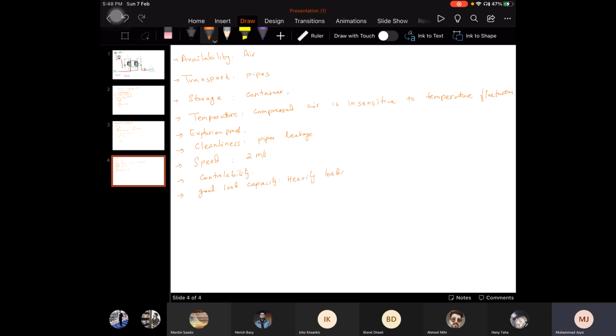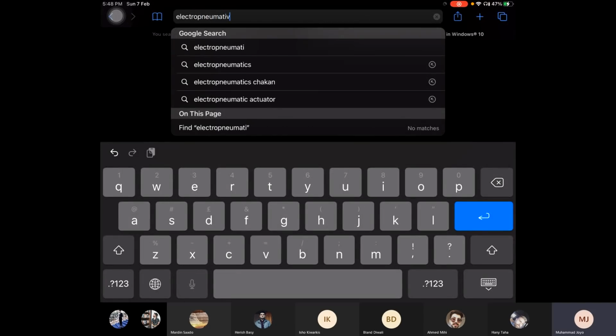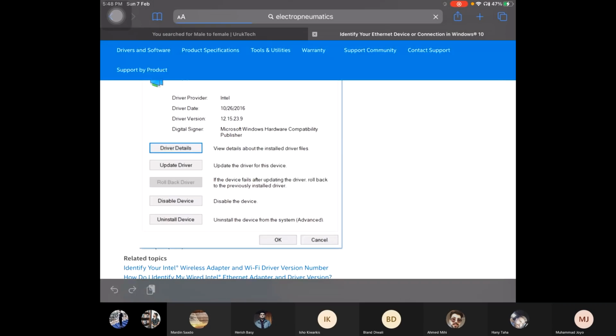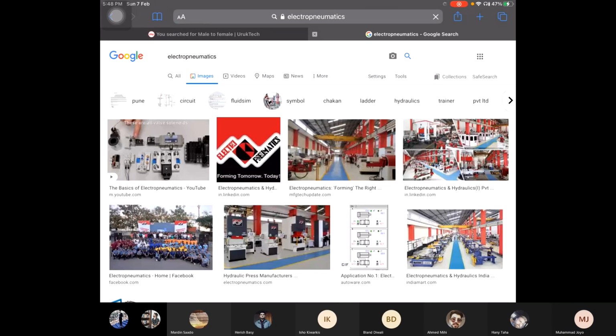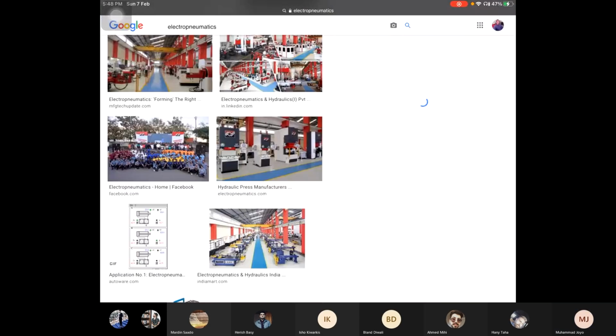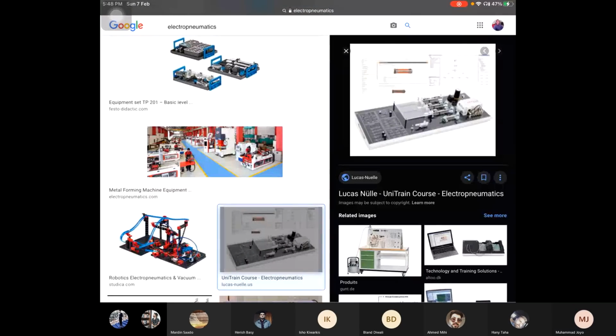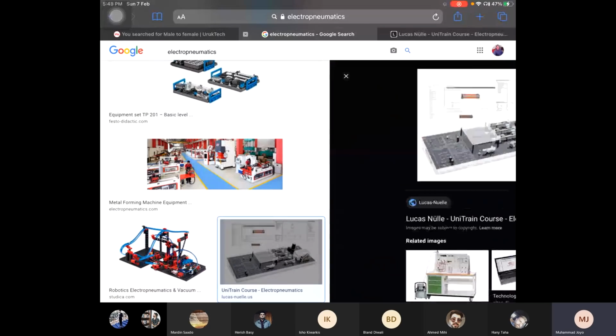Maybe I'll give you some examples of pneumatic systems. Here you can see one of the trainers of an electro-pneumatic system.